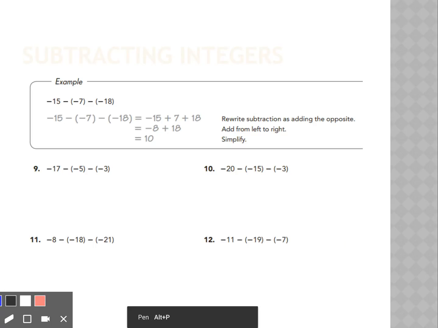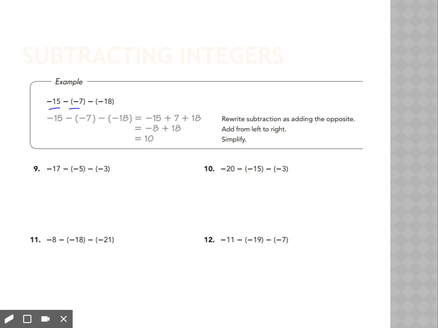Okay, now we have some more examples here where we're doing more than two integers. So just like when we were adding integers, we're going to do it 2 digits at a time, 2 in a row. So negative 15 minus 7 is what we're going to address first. Actually, we're going to change all of it to addition first, and then we can deal with it 2 at a time.